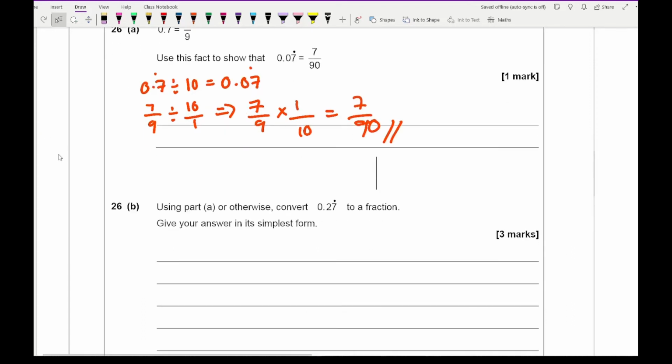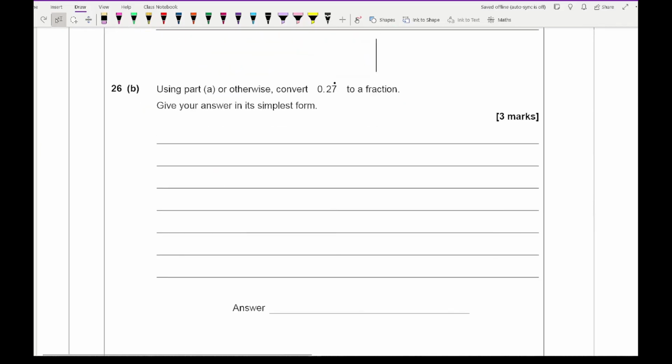Then for question 26b, it says for using part A or otherwise convert 0.27 recurring into a fraction. So using part A, what we get is that 0.27 recurring equals 0.2 plus 0.07 recurring. This as a fraction is 2 over 10 plus 7 over 90.